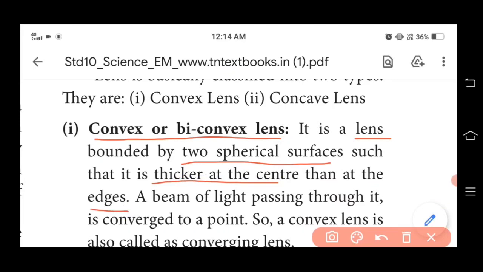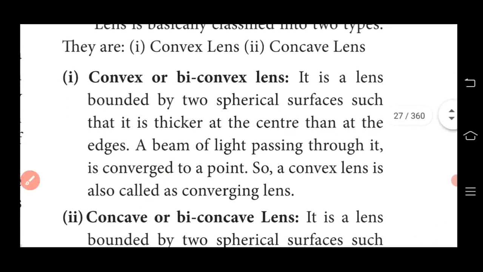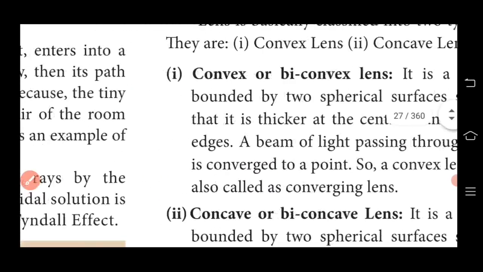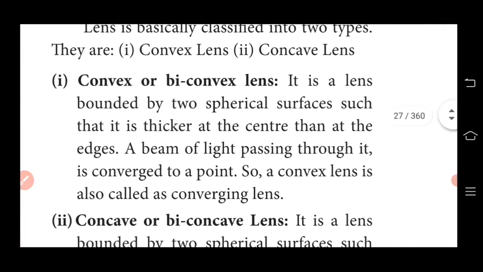How can you identify whether it is a convex lens or a concave lens? A convex lens is thicker at the center and thin at the edge, and a beam of light passing through it is converged to a point. So a convex lens is also called a converging lens. Important one-mark question: a convex lens is also called a converging lens.